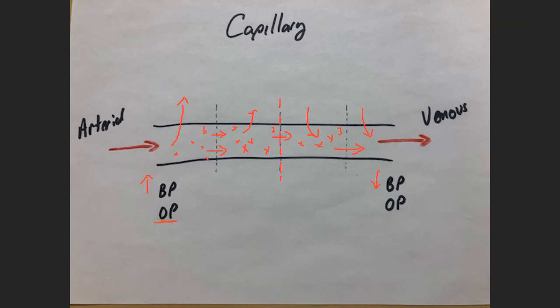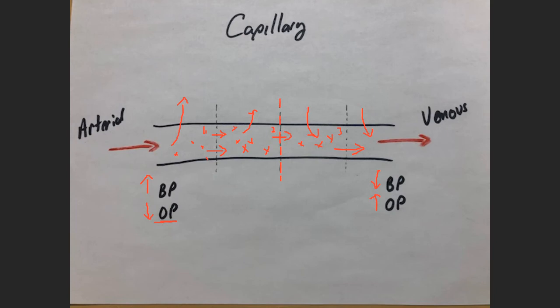You will see through diagrams in the textbook that you'll often see an increased arrow on the blood pressure at this point and a decreased arrow over here. You will also see things like a decreased osmotic pressure there and an increased osmotic pressure here. I want to make sure we put this in context because this is very misleading.